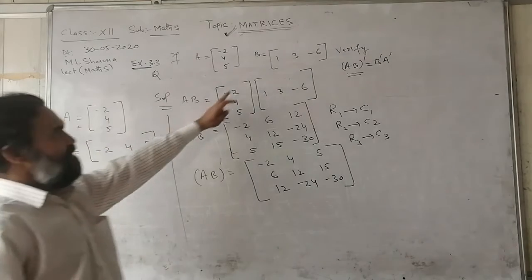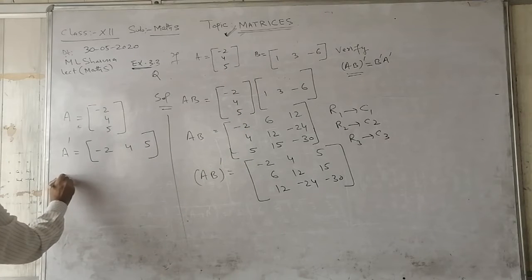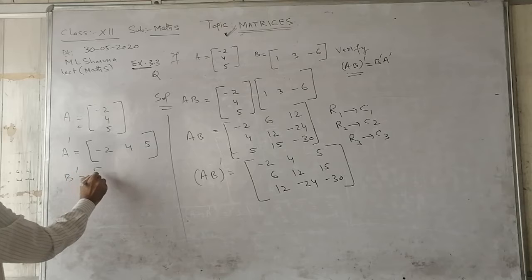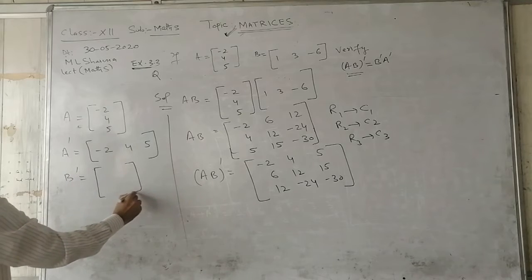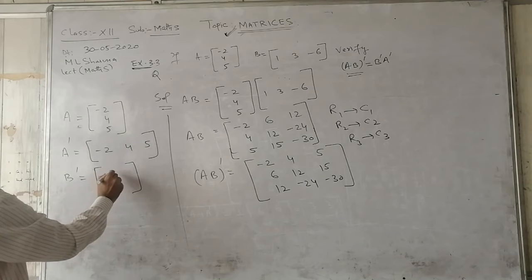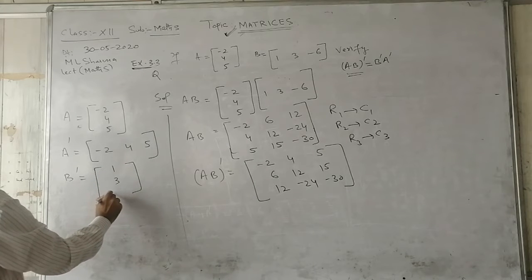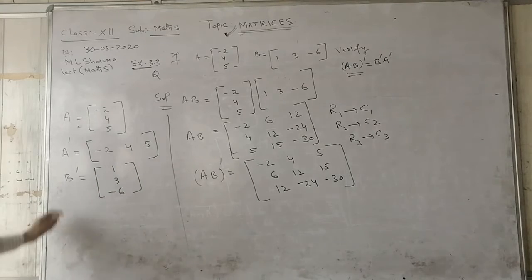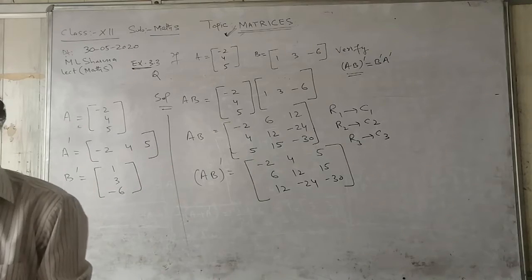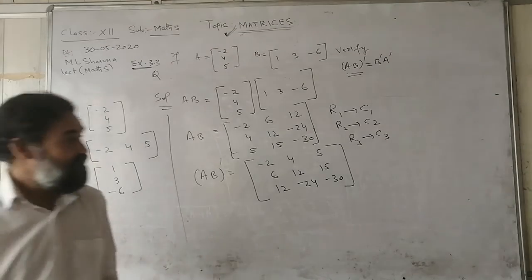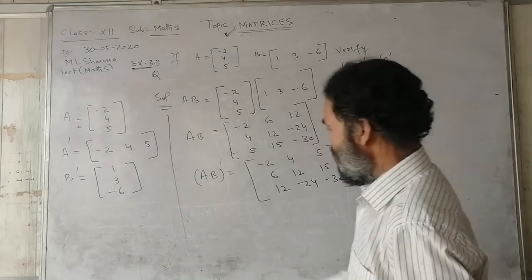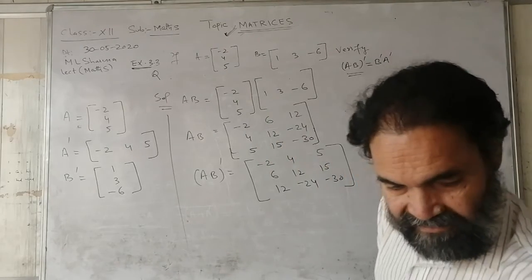Again, matrix B is given, so B transpose I can find as 1, 3 and minus 6. So this is the value of A transpose, this is the value of B transpose. This is the left hand side.